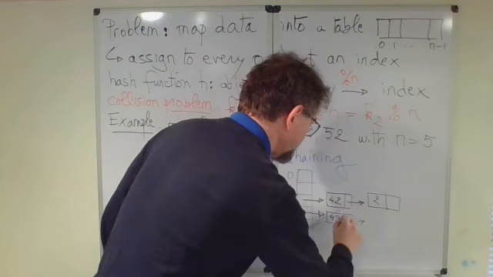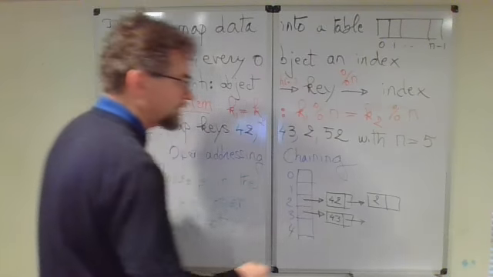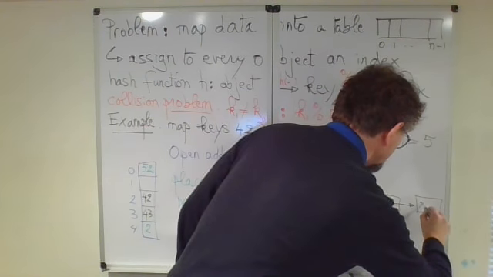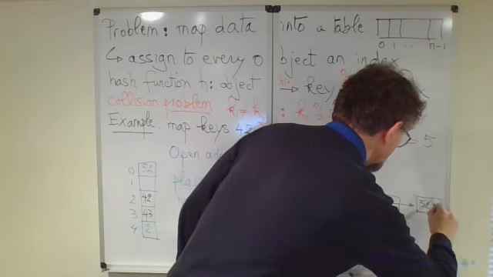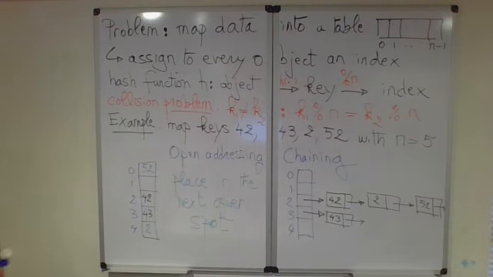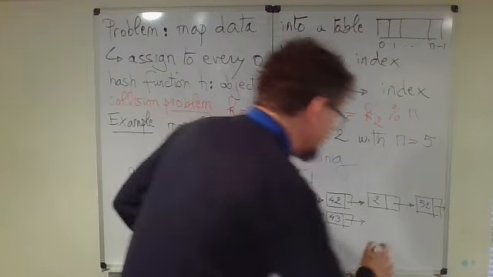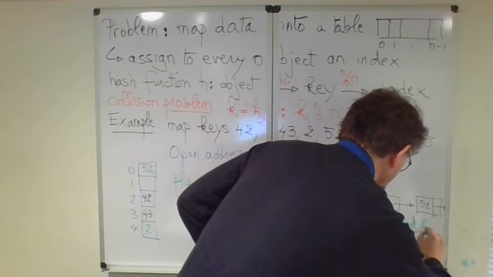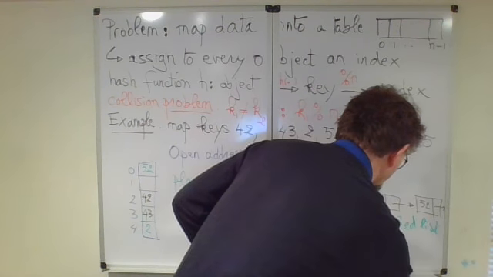And the same we can do with 52. So with chaining, we use a linked list of nodes.